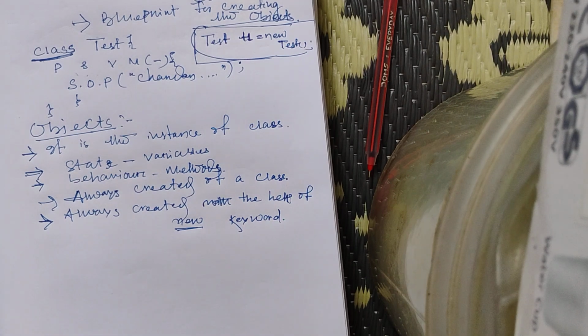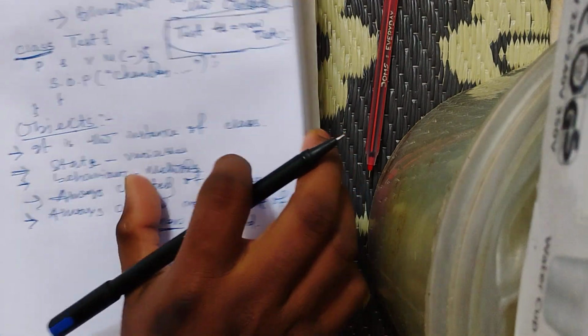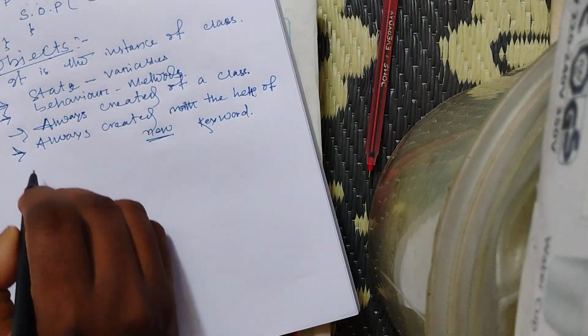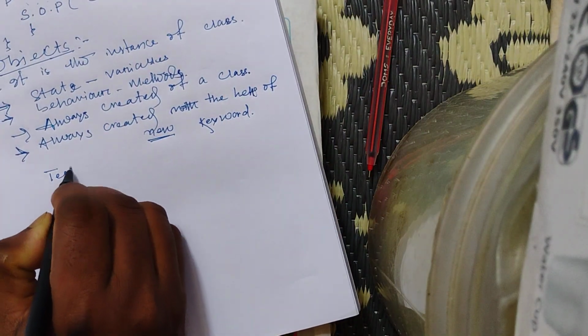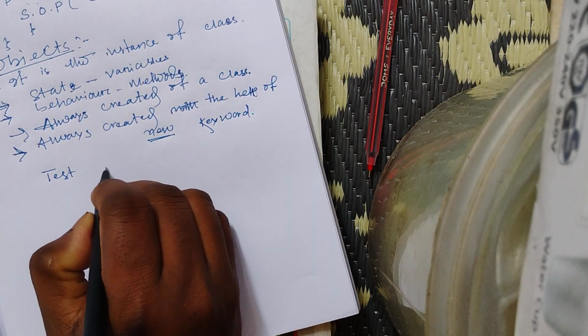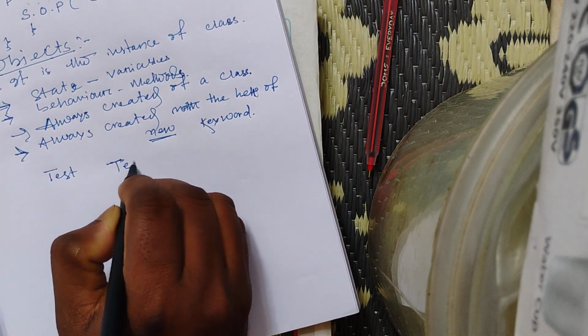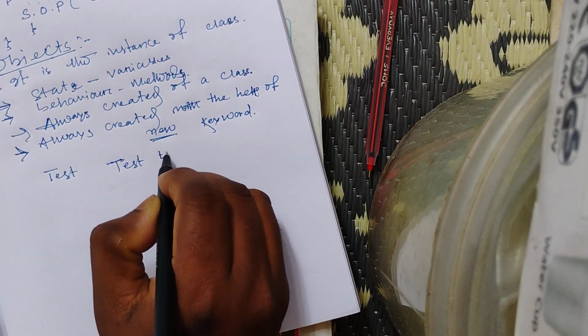Objects are created using the new keyword followed by the class name and any necessary arguments. Suppose there is a class called Test and I want to create an object. So how do we create it? Test, then the variable name.